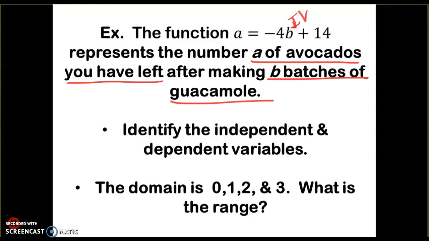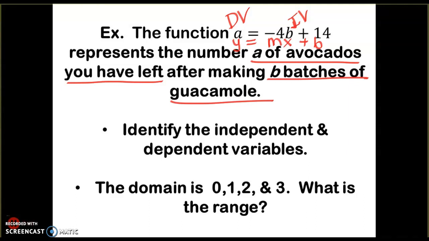That's going to stand alone. My a, or my avocados, is my dependent variable, because that is the one that depends on the batches of guacamole that you want to make. And that means every time I make a batch of guacamole, I'm using 4 of the avocados that I have.